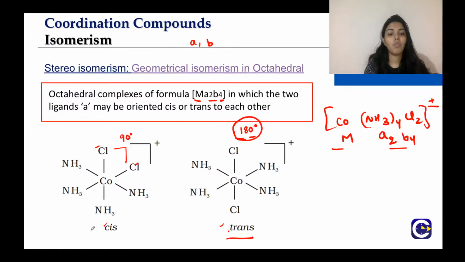So one geometrical isomer will be cis and the other will be trans. How many geometrical isomers for Ma2B4 are possible? Two. One is where the A's are cis to each other and one is where the A's are trans to each other.